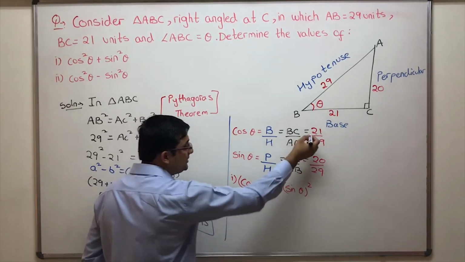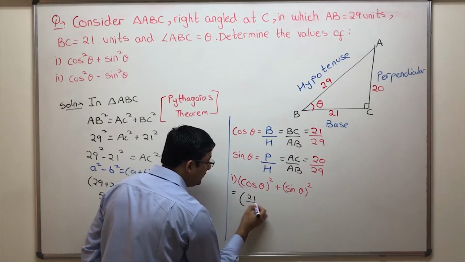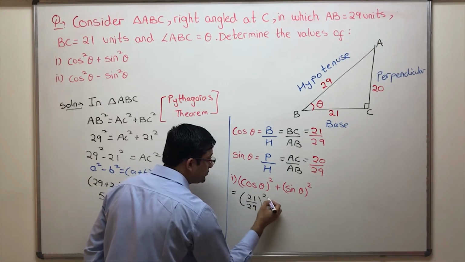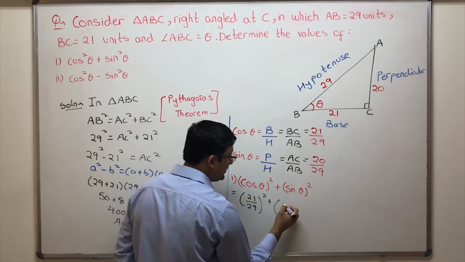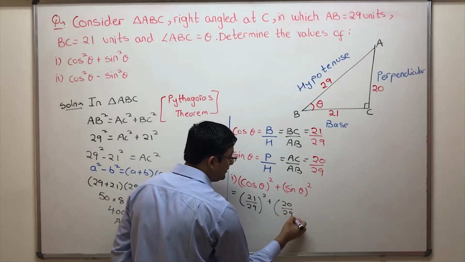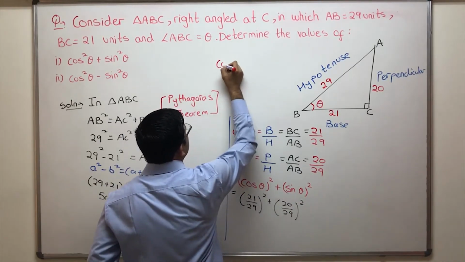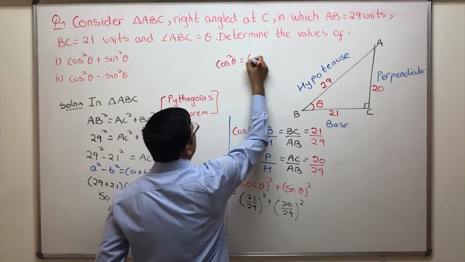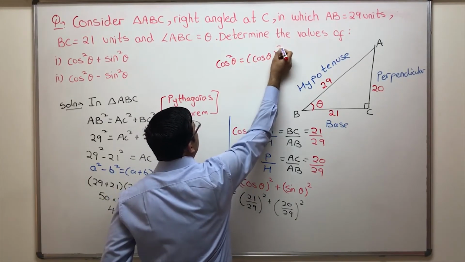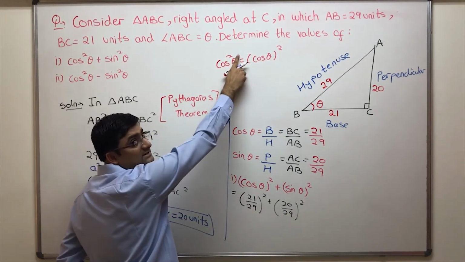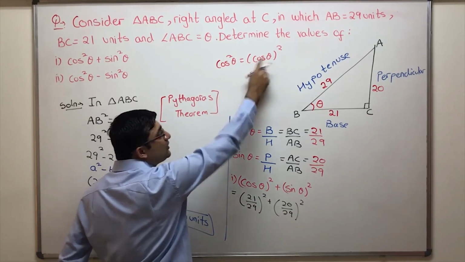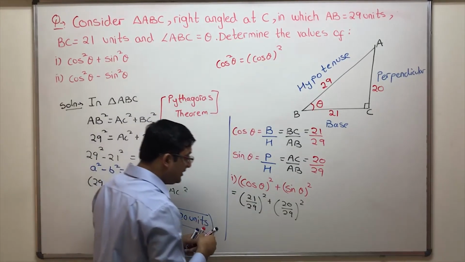Cos theta is 21 by 29, so 21 by 29 the whole square plus sin theta the whole square, 20 by 29 the whole square. Whenever you have a square for a trigonometric ratio, it is not cos theta square. Cos square theta is cos theta the whole square. Now let's solve this.